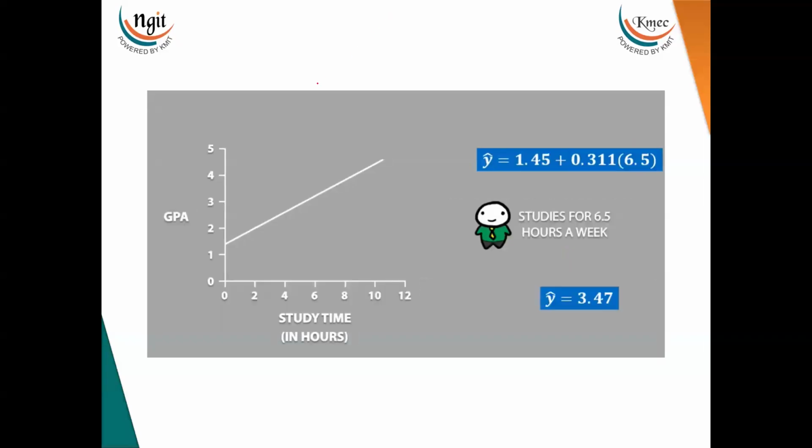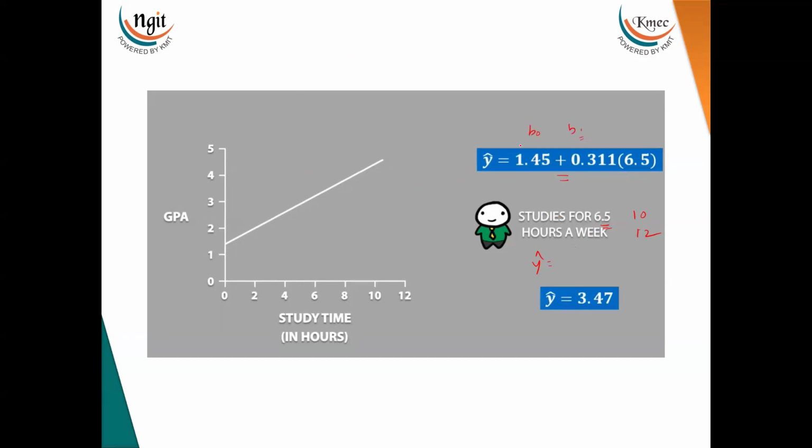Now, we have calculated all this. The question is, if a student is studying for 6.5 hours a week, then what would be his GPA? You have to predict his GPA if he studies for 6.5 hours. Not only 6.5 hours. If you give 10 hours, 12 hours also, you can easily say. Why? Because we have calculated the values of b naught and b1.